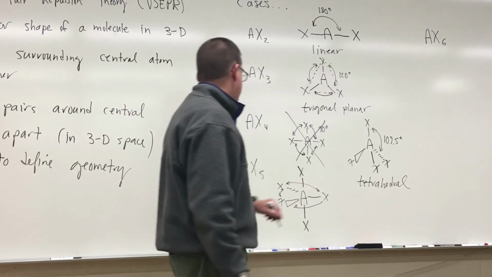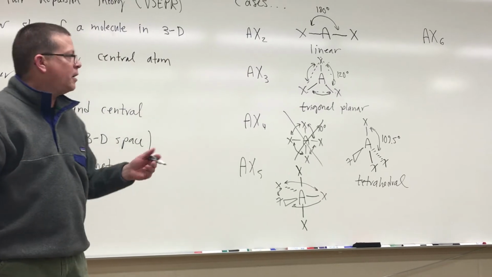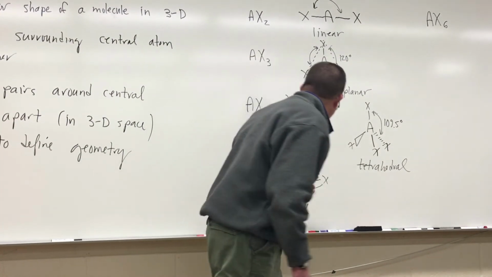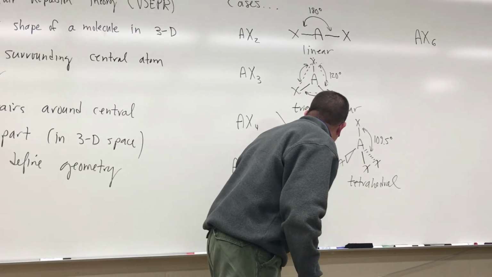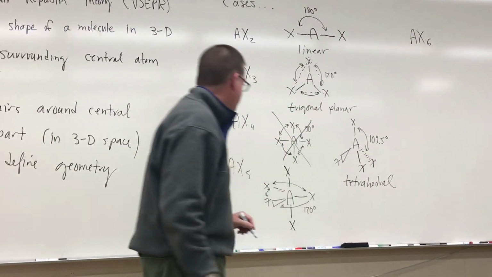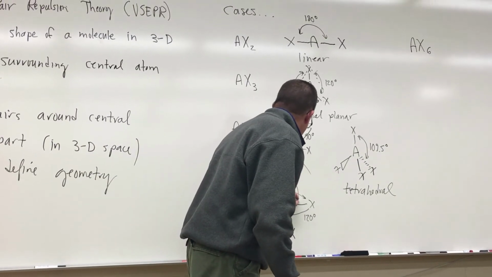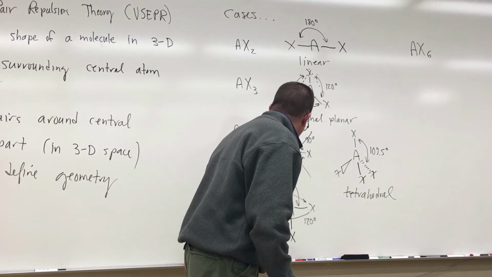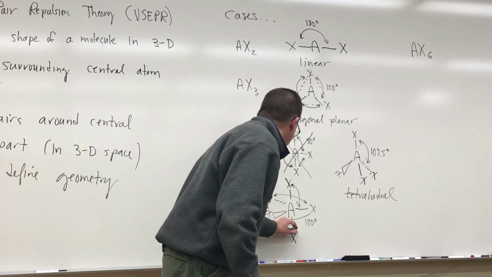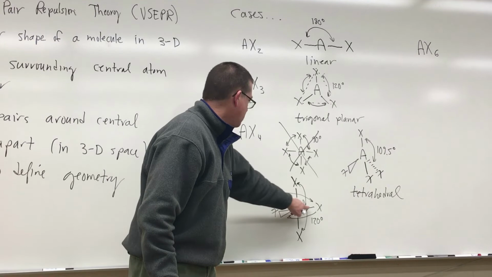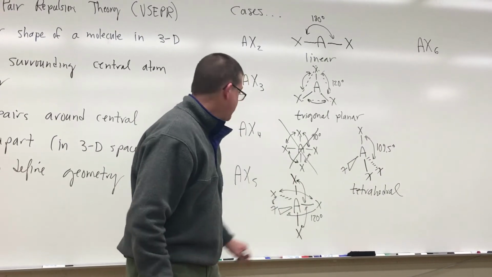Now, if we're looking straight down on that as a triangle, that bond angle is going to be, again, 120 degrees. Okay, so those bond angles turn out to be 120 degrees. Now, I also have the bond angles that happen between here and here. It's also included the bond angle that I get between here and there. Now, if you look at that bond angle, that's a 90-degree bond angle.